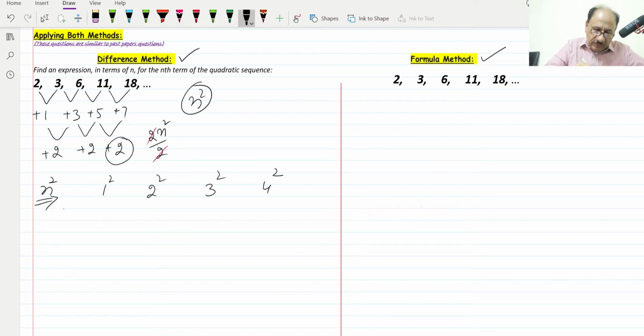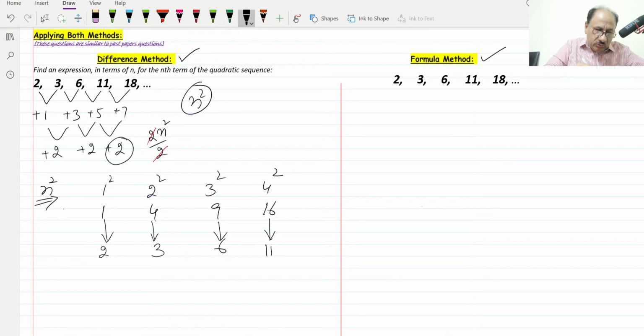Now 1 square will be 1, 2 square will be 4, 3 square will be 9, and 4 square will be 16. Now next step, we are writing the original sequence provided. We will write here 2, 3, 6, and 11, and we will be checking how we can reach these values.